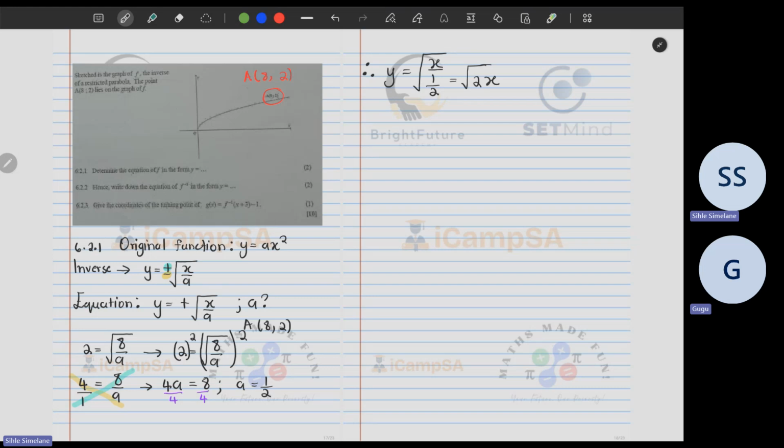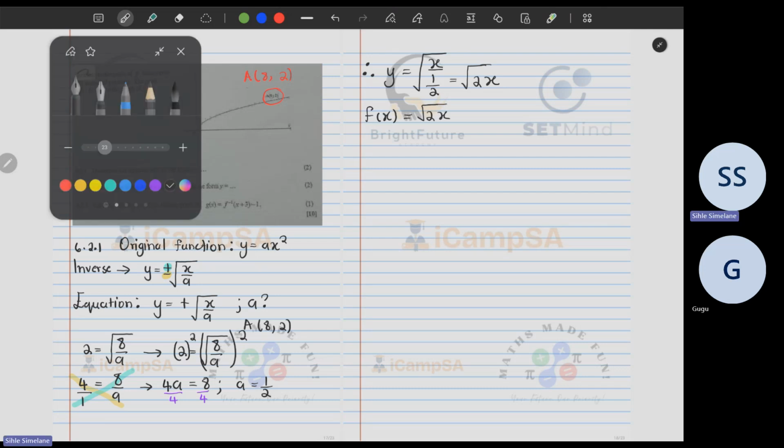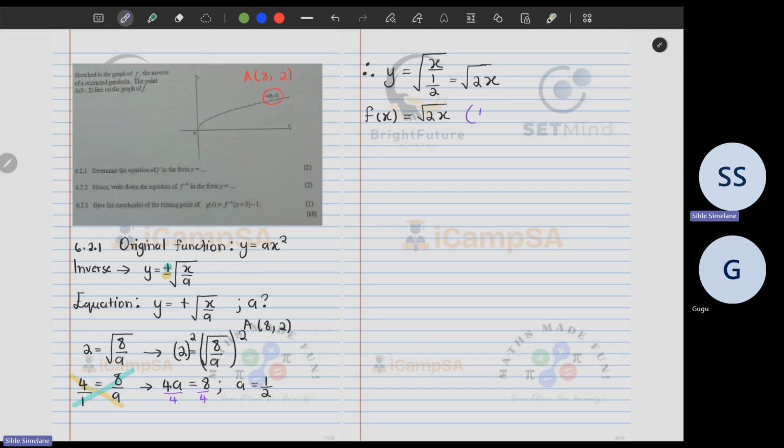Yes. So that becomes that. So the equation f of x will be the square root of 2x, like that. And this is our answer. Do you understand? Yes, sir.